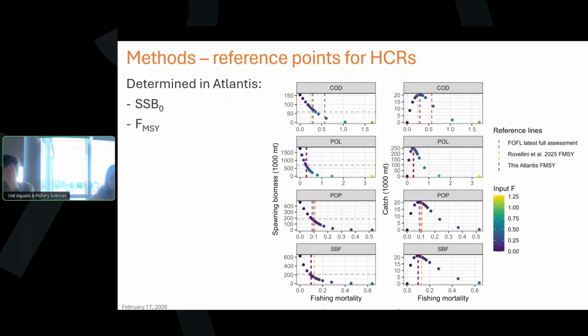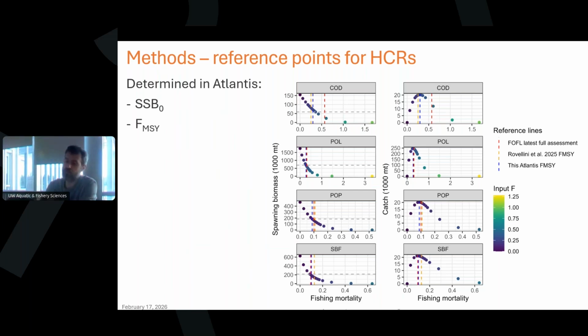So for B0 we use essentially the leftmost point in this left column, and mind you, that B0 you can't really compare to the B0 that comes out of the GOA stock assessments, because in these models you had F equals 0 for these stocks one at a time, but then you had all the other stocks in the model, so you have predation that influences your amount of B0. But that's what we work with for this model.